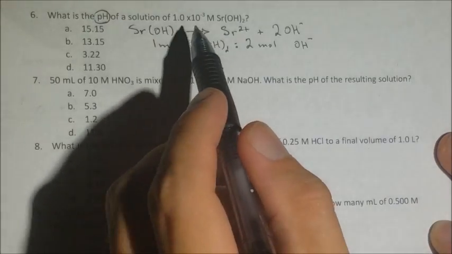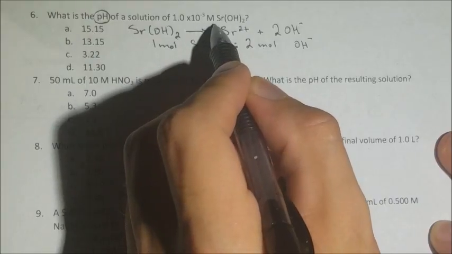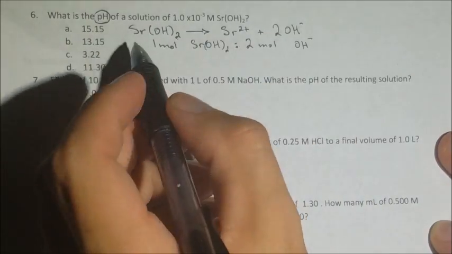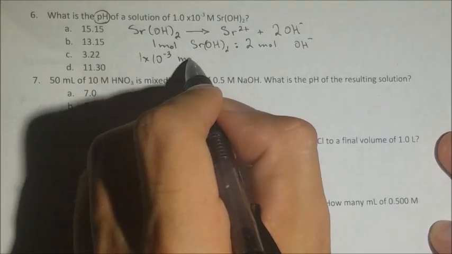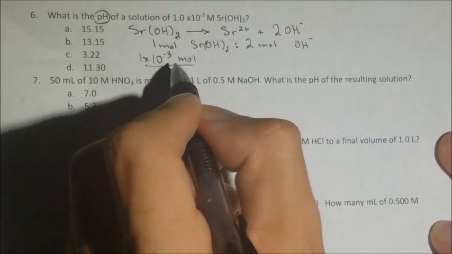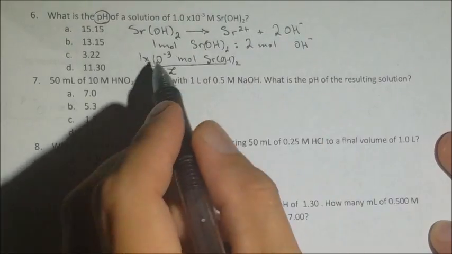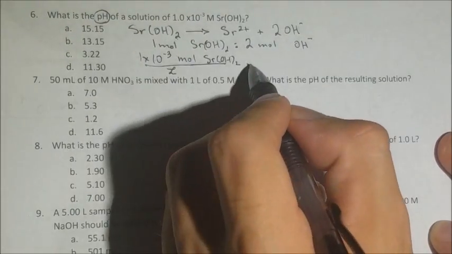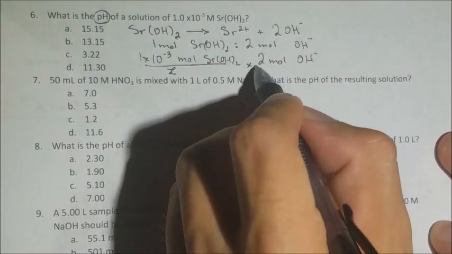So it's the pOH that we're finding. When the strontium hydroxide at this concentration dissolves, so 1 times 10 to the negative 3rd molar, I'll go moles per liter, and this is moles of strontium hydroxide. When this many moles of strontium hydroxide dissolve, we're going to make twice as many moles of hydroxide ions.